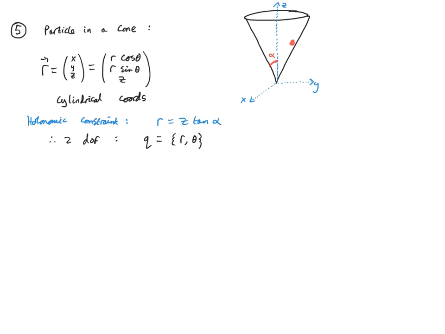Okay, so we're now in a position to write down the Lagrangian, or almost. We should work out the velocity vector first, which is d by dt of the r vector. Let me just write it down. We just have to remember to use the product rule because both r and theta have a time dependence.